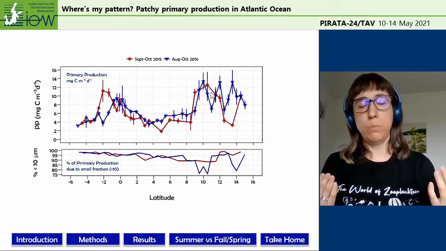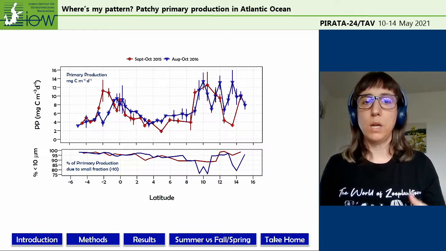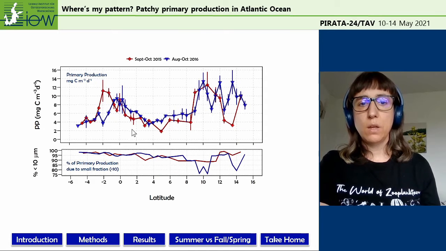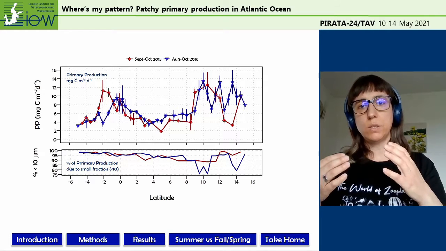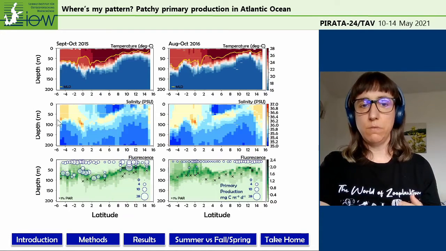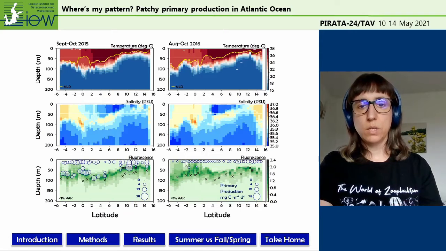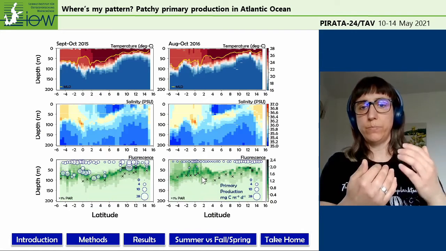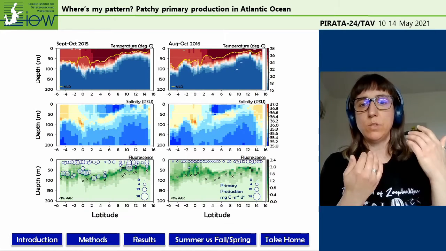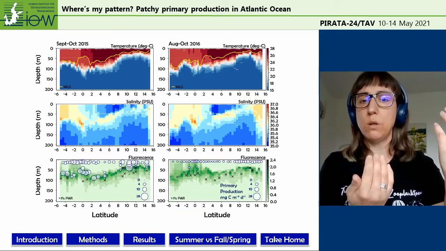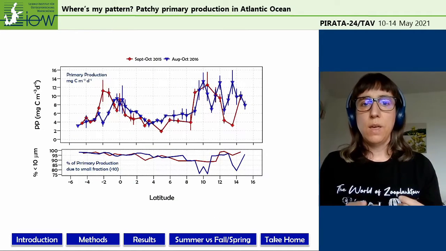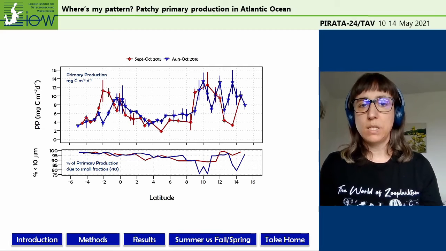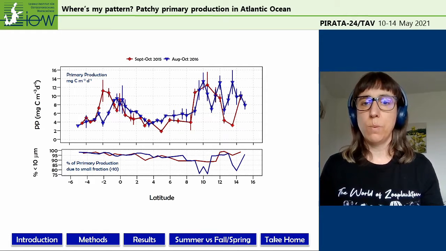The peak is higher at the Guinea Dome than it is at the equator, and the peak in 2015 was south of the equator, and the peak in 2016 was more or less centered at the equator, coinciding, if you remember these plots, with what we can call the shallower position of the DCM. It's not a clear DCM, but it seems to be the shallower position of the DCM, so that's more or less coincident.